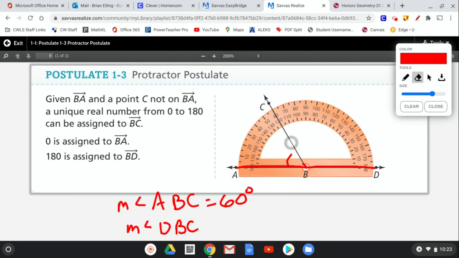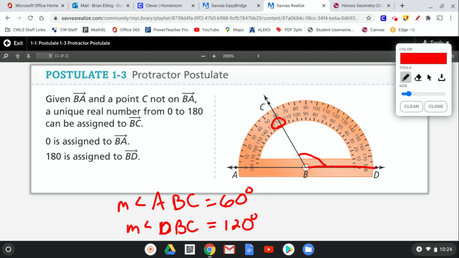It's going to be this angle right here. This is where you have to use a little bit of common sense. That has a wide opening, a lot bigger, so we're going to use the bigger numbers. We're going to look at 120, so that is 120 degrees for DBC.